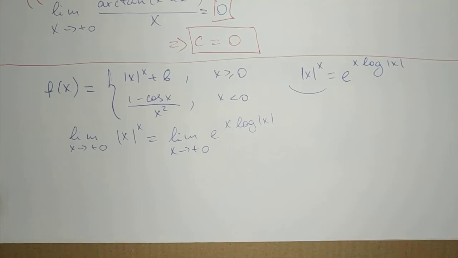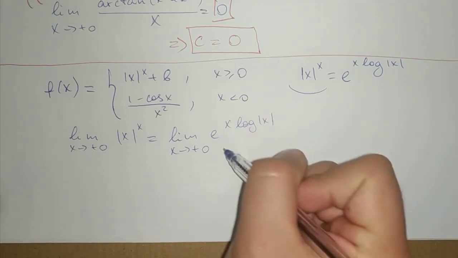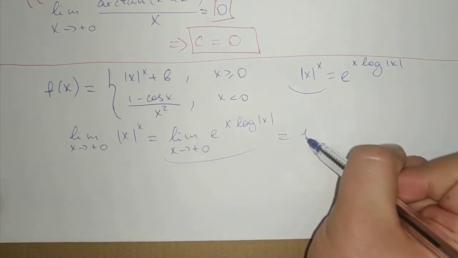So if x tends to 0, it tends to 1. This one tends to 1.